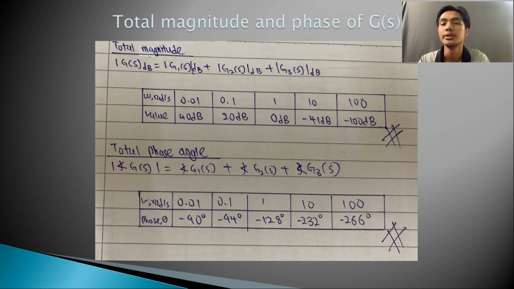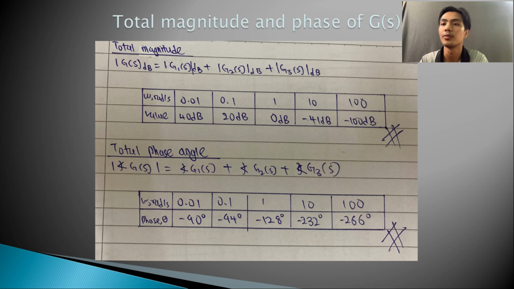Similarly to the total magnitude, for the total phase angle we also need to sum up the phase angle of each part of the transfer function. Based on the previous calculation, at 0.01 radians per second the phase angle is negative 90 degrees.